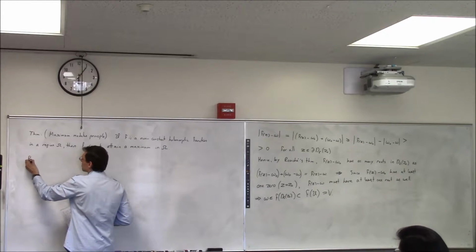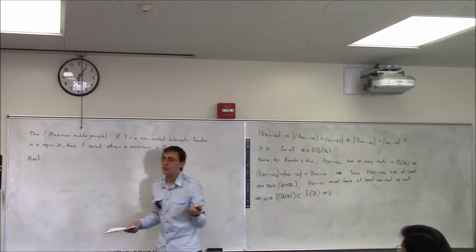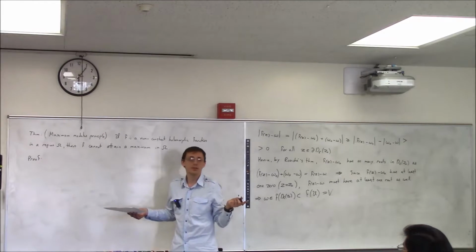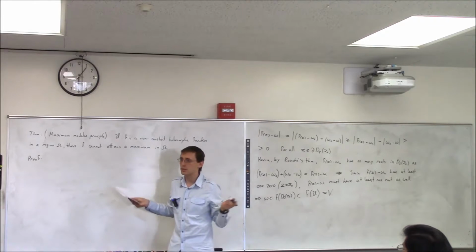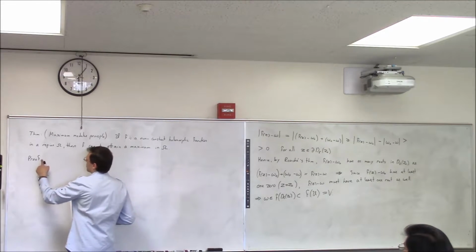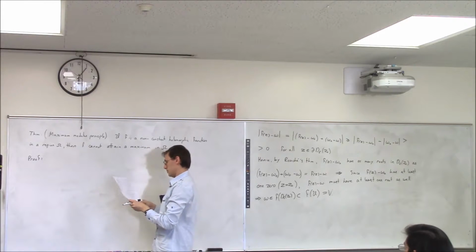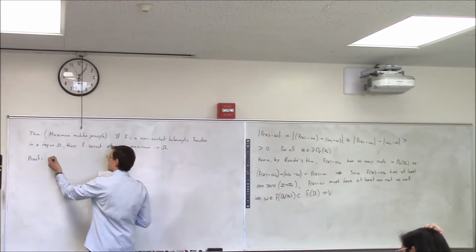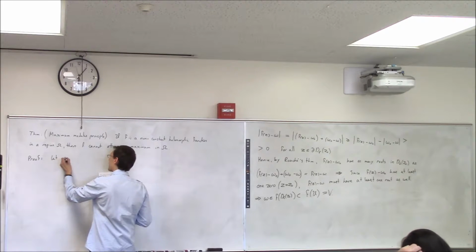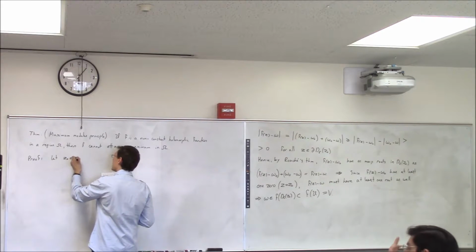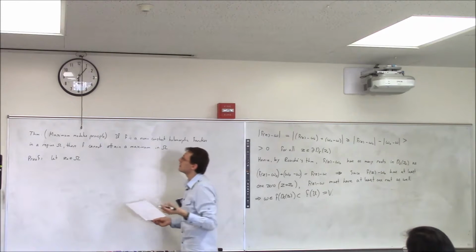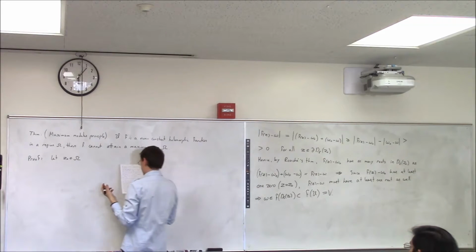So it's up to you. I can give you two proofs. One of them is a consequence of the open mapping theorem. So once you know the function is open, this is actually a very obvious result. And you can do it directly from Cauchy's theorem. So proof: what we're going to do is let z0 be any element in omega.